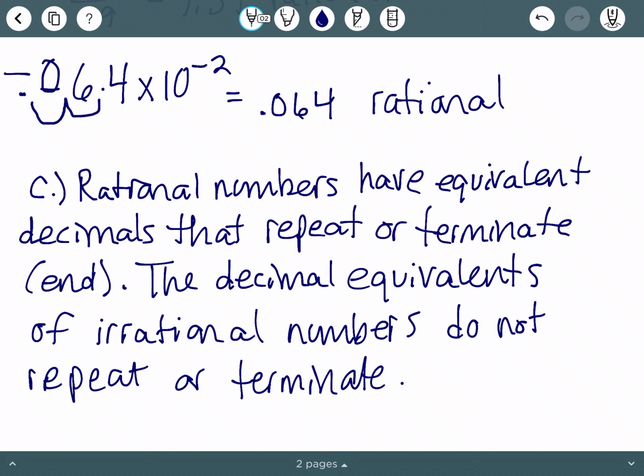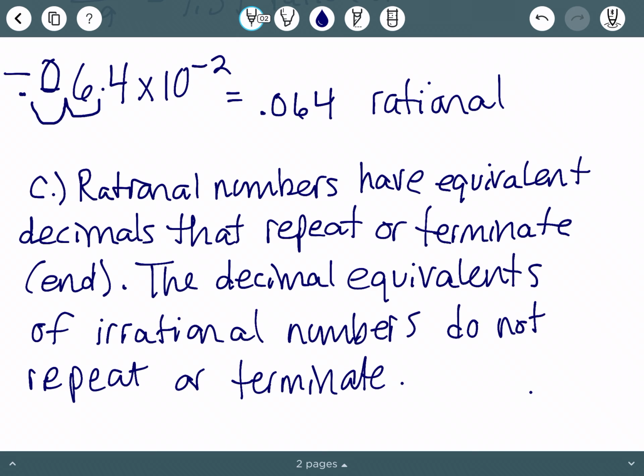So you probably know that pi is the most famous example of an irrational number because it goes on forever after the decimal. It just continues infinitely.